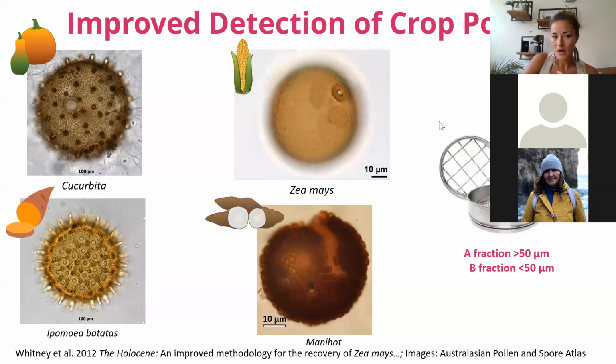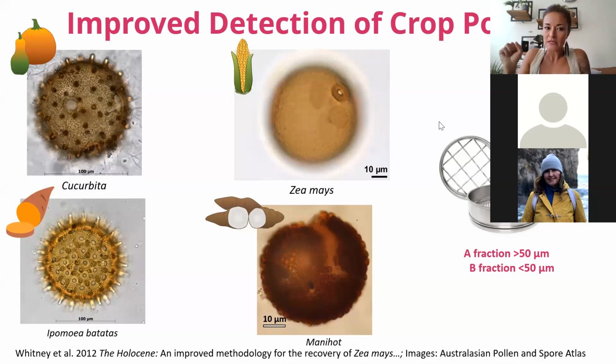Basically, it is a modification of the Faegri and Iversen approach that adds one extra sieving step along in the protocol that helps you to concentrate the large grain pollens. So if you haven't seen these types of pollen grains before, this is from squash, maize, manioc, and sweet potato. All of these grains being very large in size, typically bigger than your 70, 80, over 100 micron range.